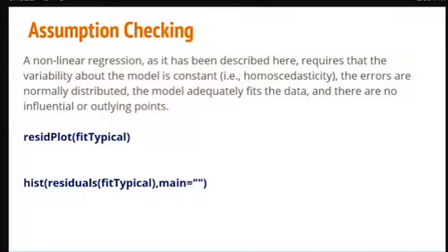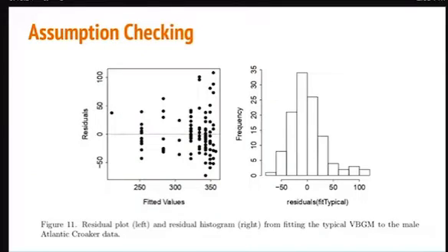Take a look at this now. What I'm trying to show you is a residual plot and the histogram of residuals. The essence of the residual plot here is that we want to investigate whether the assumption of constant variance holds.